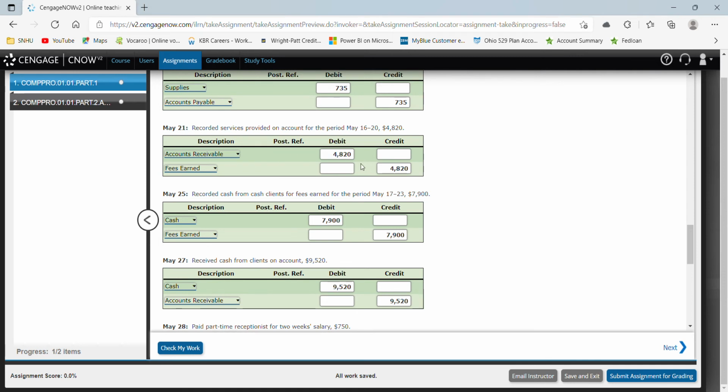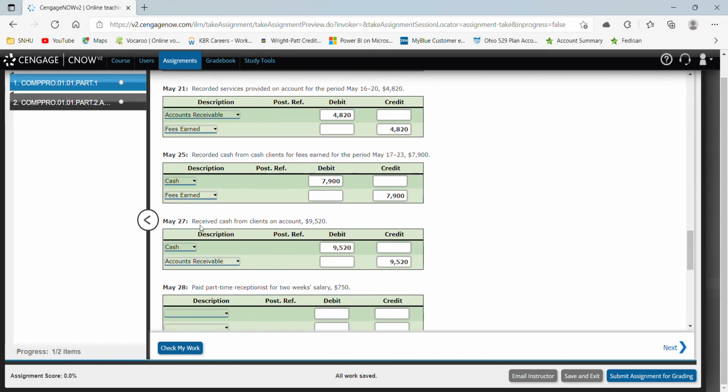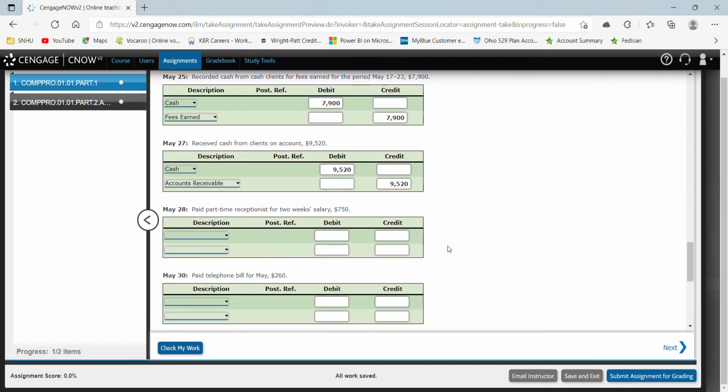One more time: you record an accounts receivable when you do service for somebody on account, and you record fees earned. And then when you collect the cash from those clients on account, you record cash as a debit and reduce accounts receivable. Hopefully that helps, and that didn't just cause more confusion.